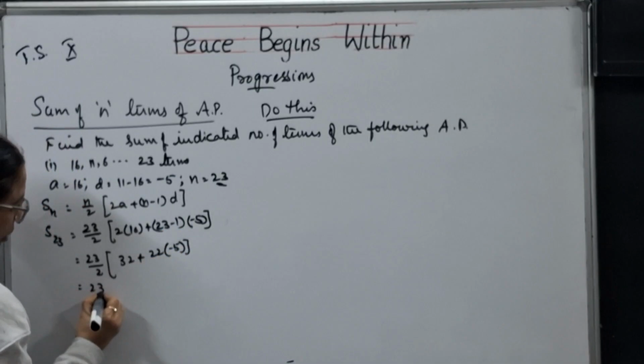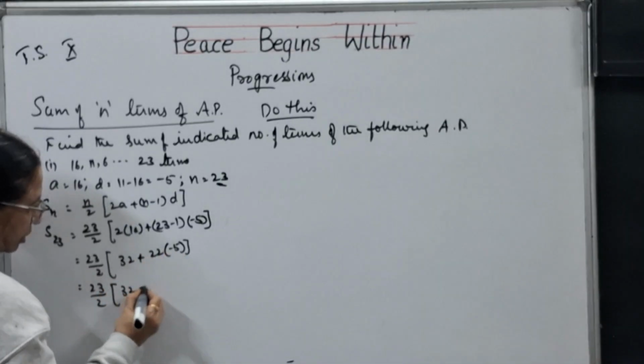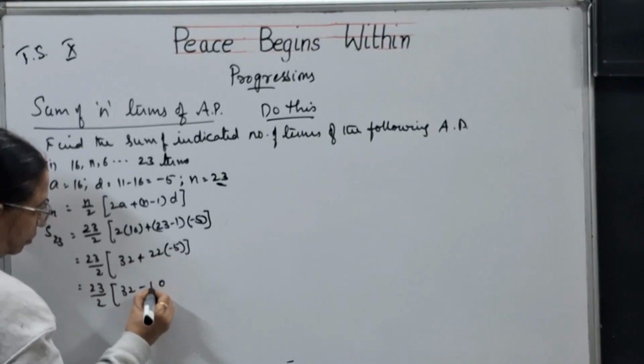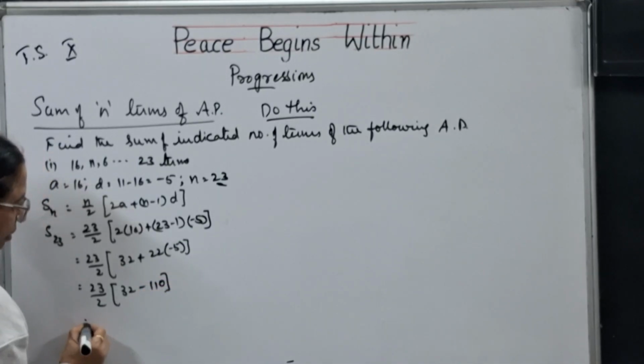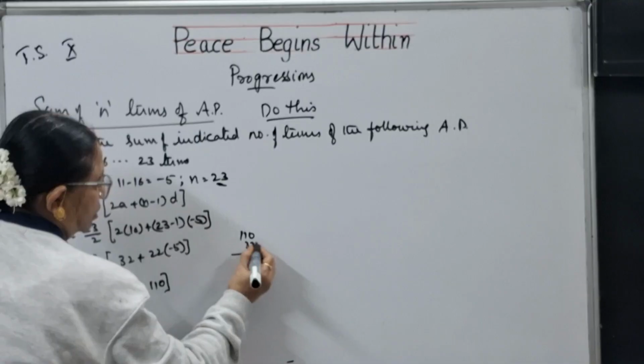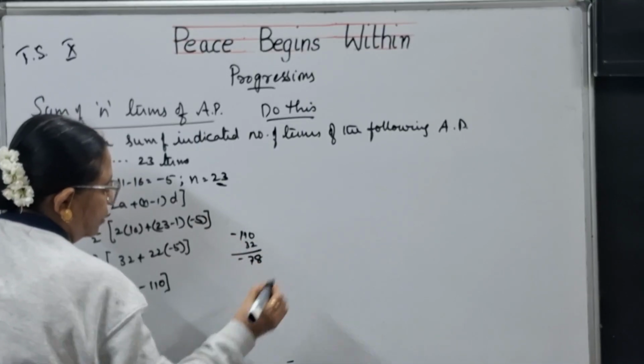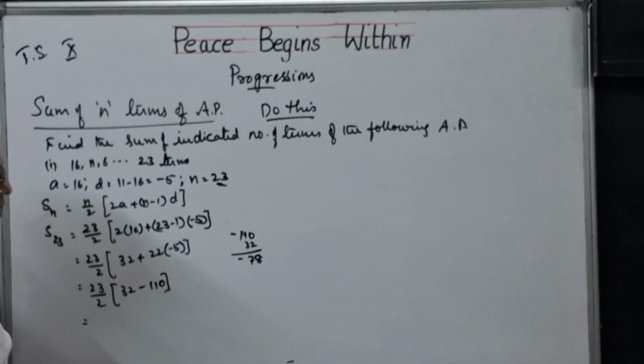That is 23 by 2 into 32 plus, 5 twos are 10, 1, 11, that is 110 with minus. From 110, if you subtract 32, we get 78. So this is minus 78.